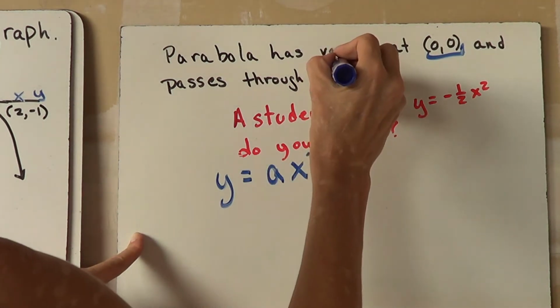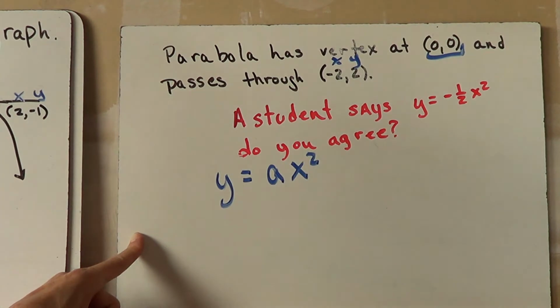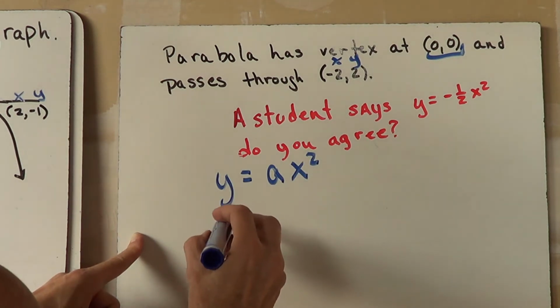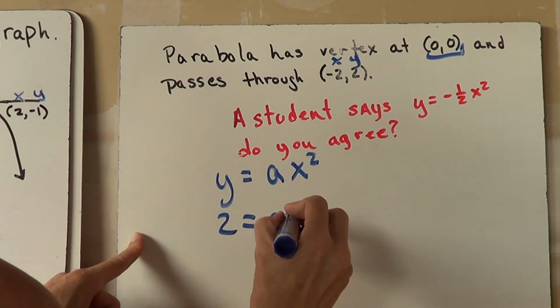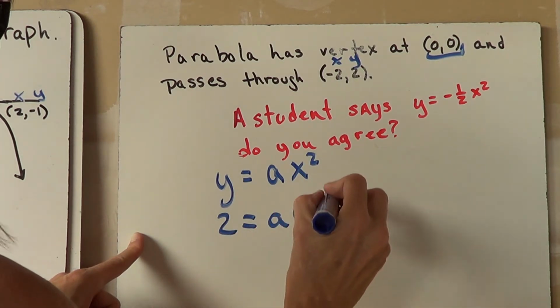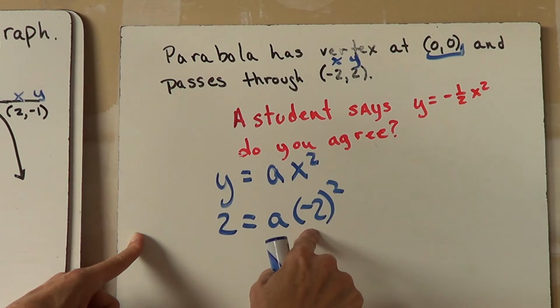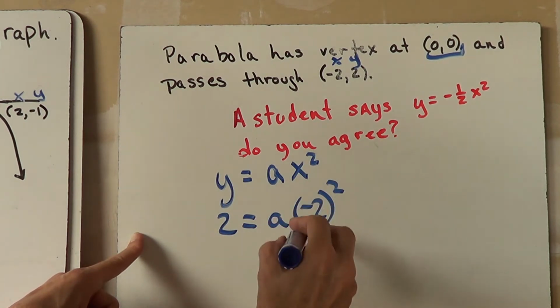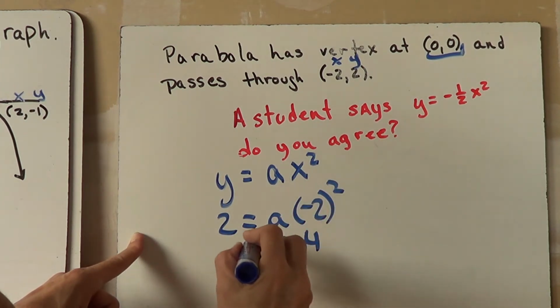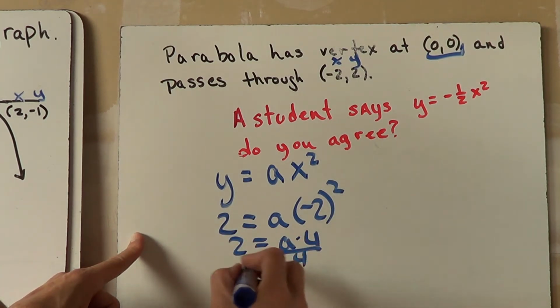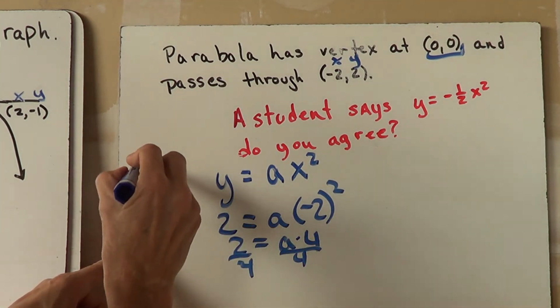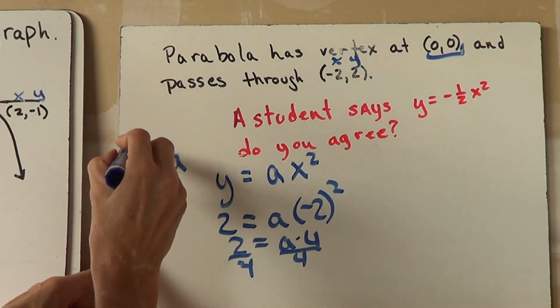Now this is our x, this is our y. So we have 2 equals a times -2 squared. -2 squared, -2 times -2 would be 4. Divide by 4. And we find that a equals 1/2.